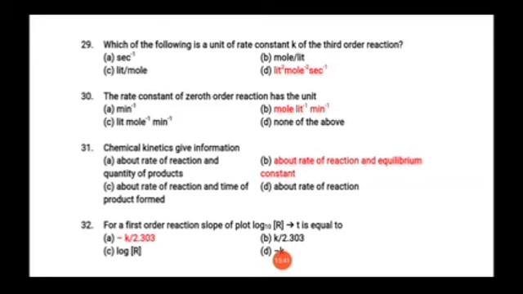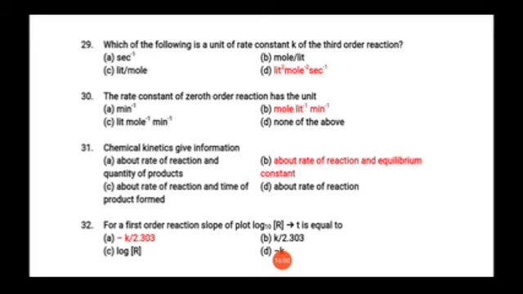Next question, question number 30. It is just like the previous question. The rate constant of a zero order reaction has the unit. The options are minute inverse, mole liter inverse minute inverse, option C liter mole inverse minute inverse, or none of the above.